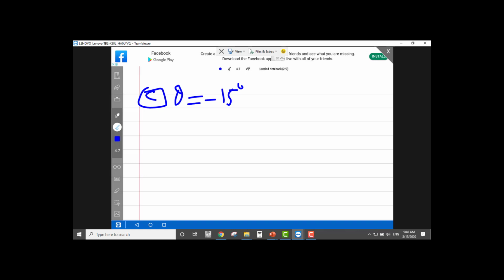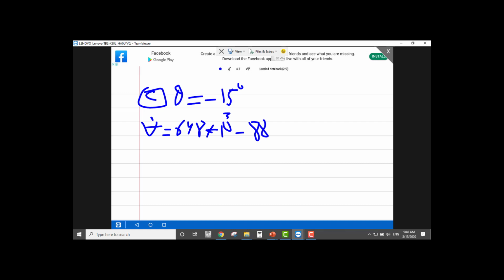So I use the same equation as part B. V dot equals 648 multiplied by 10 to the power 3, minus 888 multiplied by 9.81 multiplied by length 40 multiplied by sine, and I substitute minus 15 between brackets.